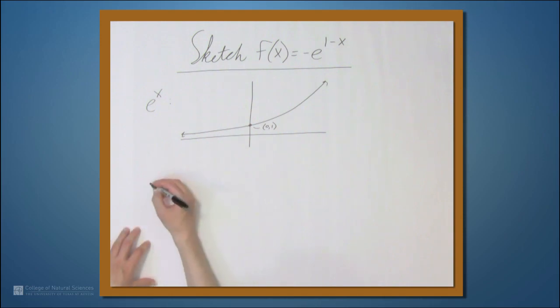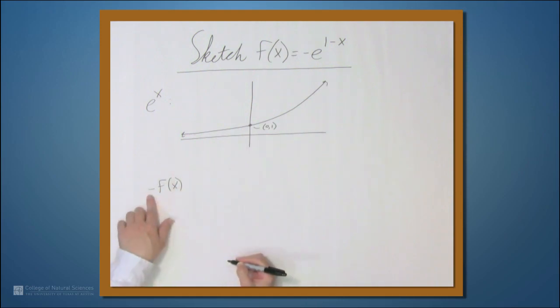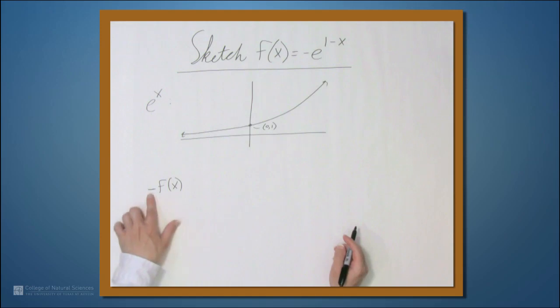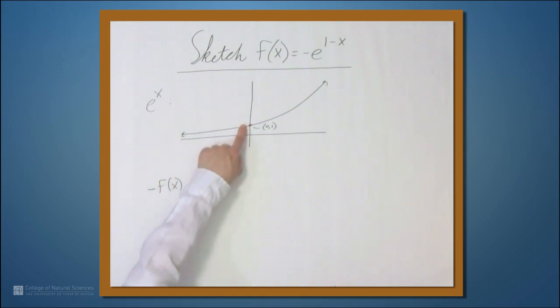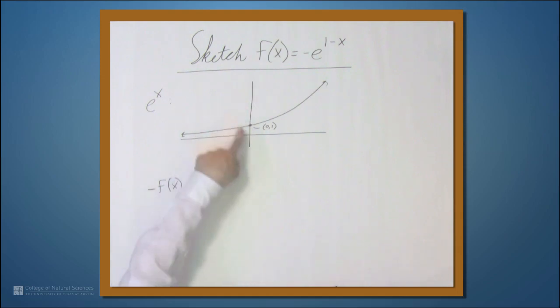It's worth remembering that for any function f, not just this particular one, negative f of x, if we have a function, we multiply on the outside by negative. What does this do? If we take the output and multiply it by negative 1, that's going to flip the y-axis. It's going to take positive values along the y-axis and make them negative, and negative values and make them positive.